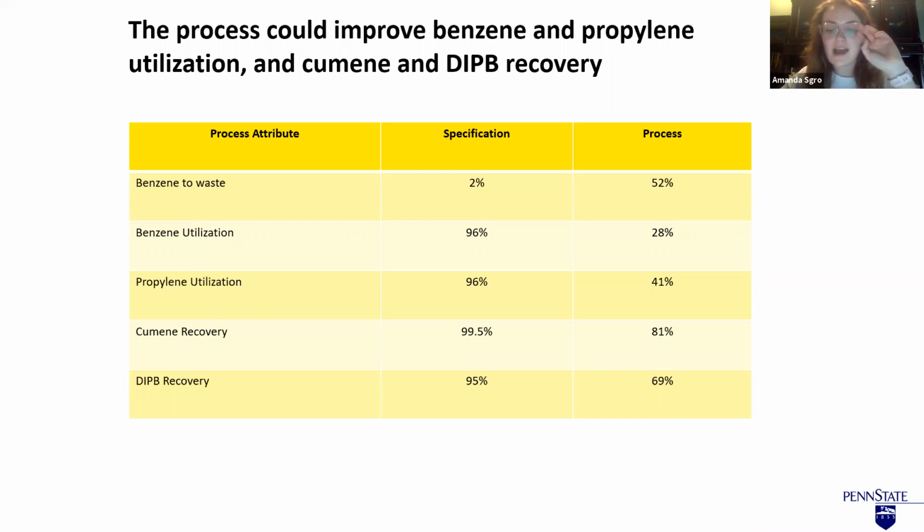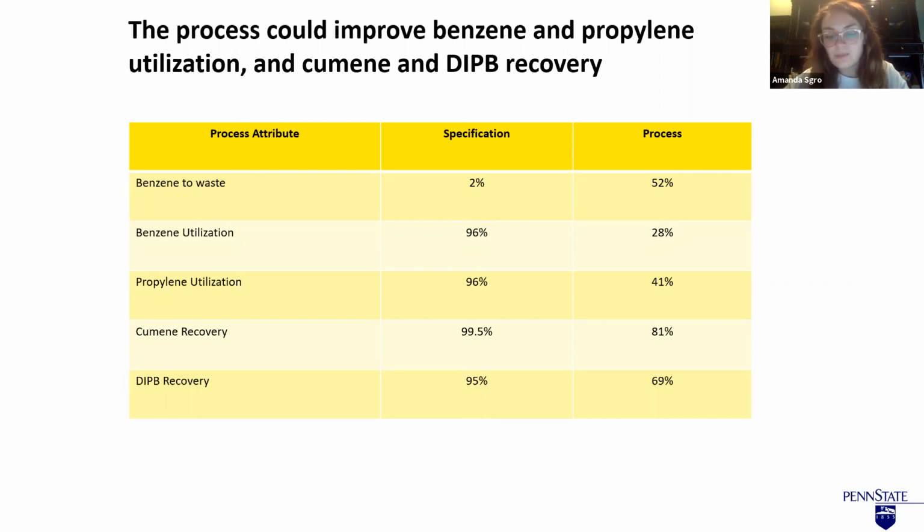This attributes to high feed volumes of benzene with high feed costs. Also, there is poor propylene utilization. It's only at 41%. This poor utilization of reactants can be attributed to the need to adjust pre-exponential factors in the kinetics equations, which will be discussed later.